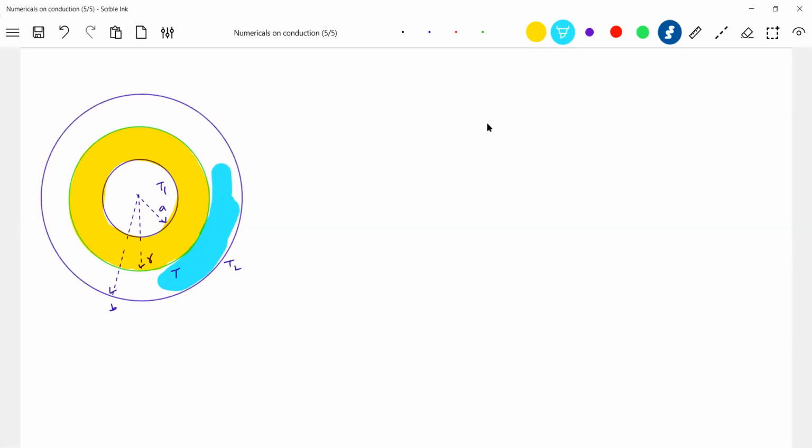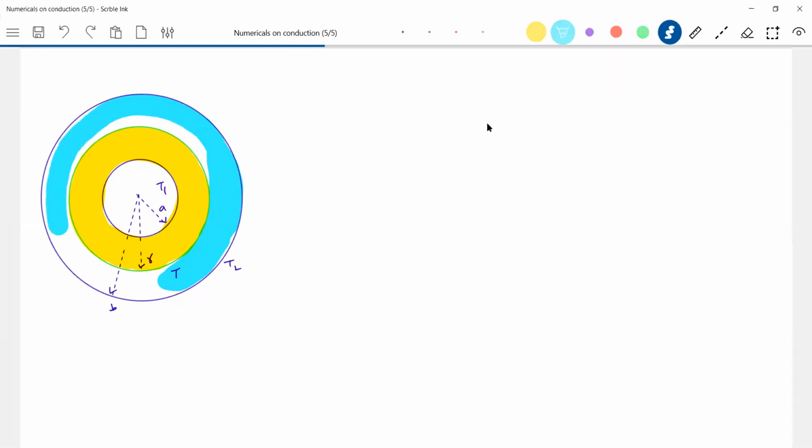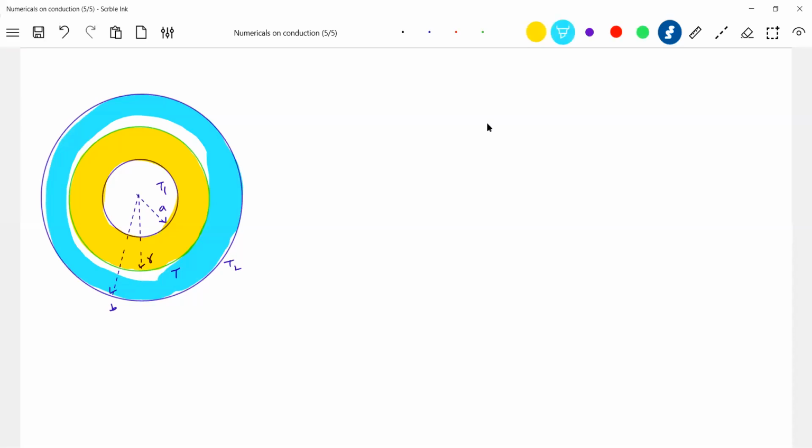Okay, carry on. Find the temperature at a radial distance R. Okay, these diagrams of physics, lot of diagrams. Okay, somehow I managed it.